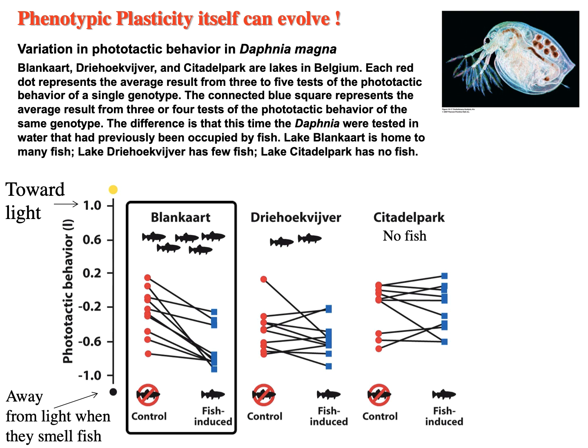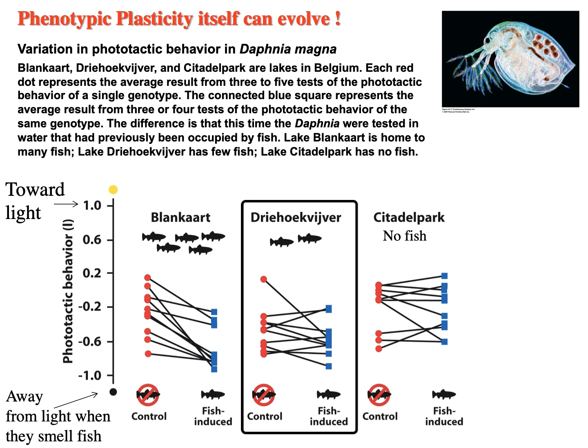The controls that had never been exposed to fish moved higher in the water column toward the light, whereas the ones that were fish-induced, they'd had experience with fish before, they moved lower in the water column. And a similar thing happened in the second lake, although not to the same degree, after they removed the fish.